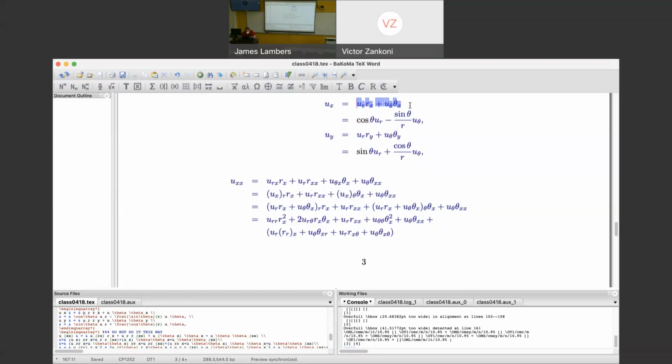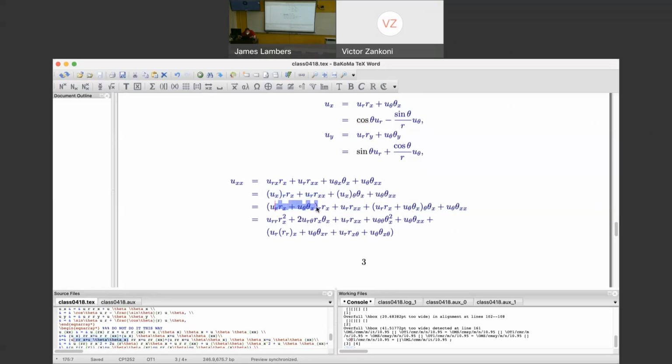Again, this one. So I'll go ahead and put those in. That's all I've done to go from this step to this step. It's just fill in the formulas I have for u_x. Again, so far, everything's fine. It's messy.